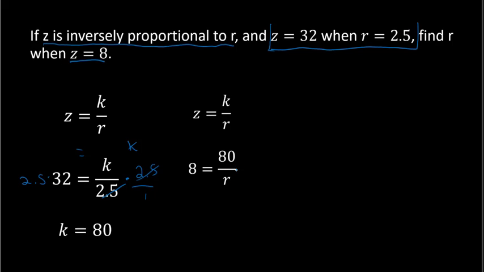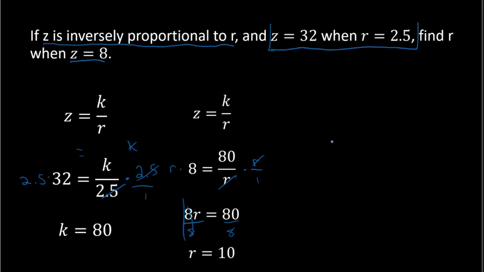So one way I can think of this is to get it out of the bottom, I can multiply both sides by r. Because when I do that on this right side, the r's will divide out. I'm left with 80 equals 8 times r. And then I can divide both sides by 8, and r would equal 80 over 8, which would equal 10.